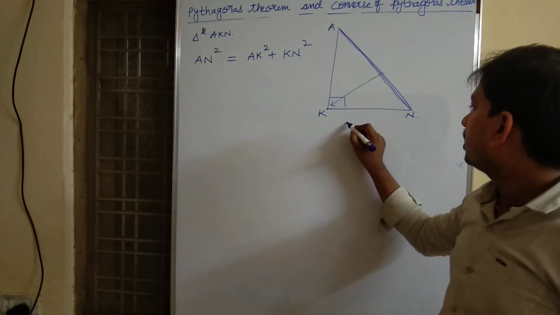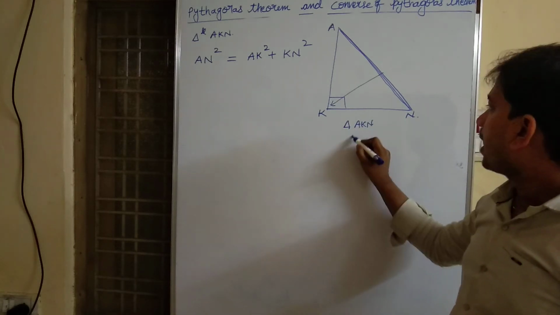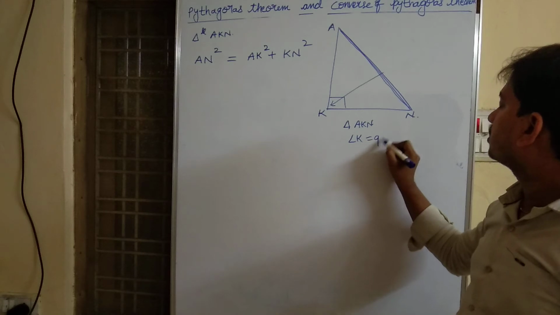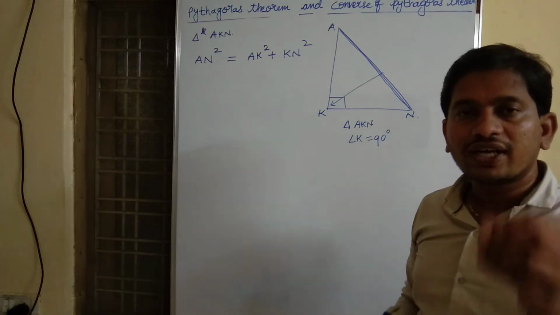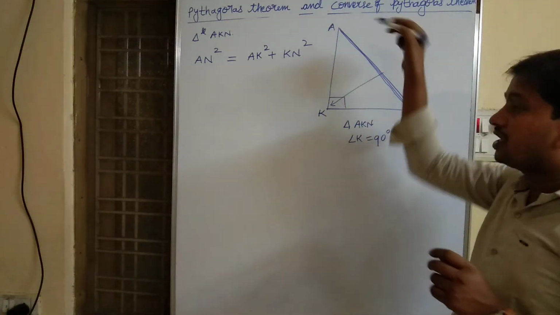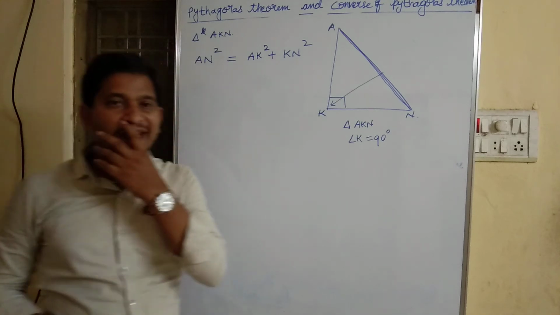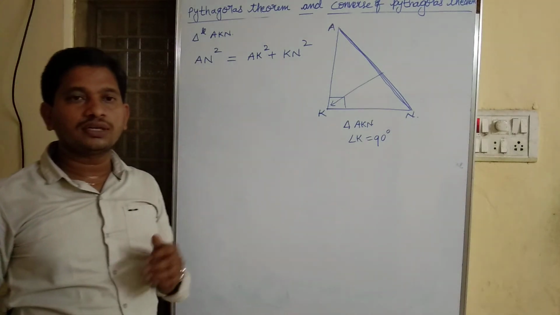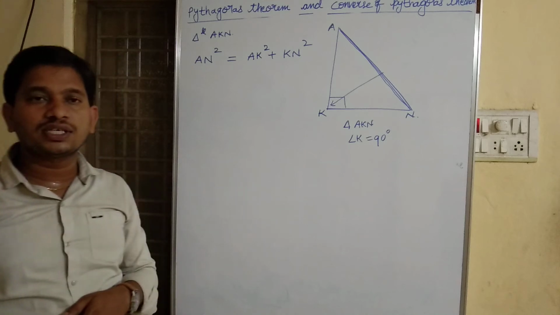I mean here in triangle AKN, angle K is equal to 90 degrees. Then that triangle is called a right angle triangle. Okay children, did you understand what the converse of the Pythagoras theorem is?